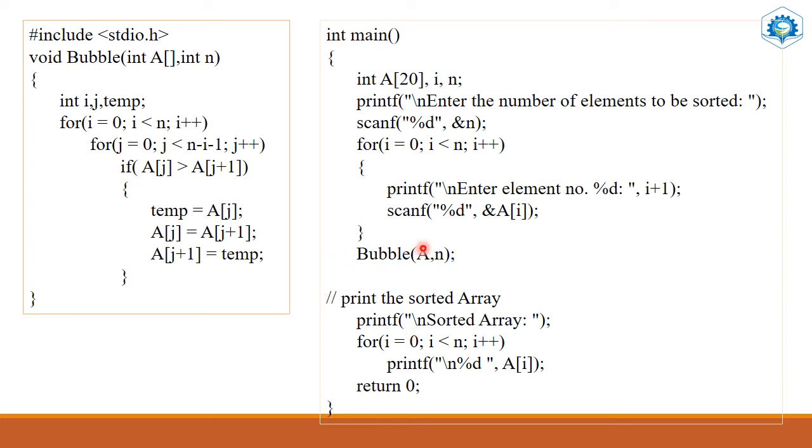Because we are passing the address of the array a to the function bubble. Whatever changes this function makes in the array a will be reflected in the actual array, and that is why in the main function when we print the array, we get the sorted one. So this is how we sort an array using functions, that is, by passing the array as a function argument.